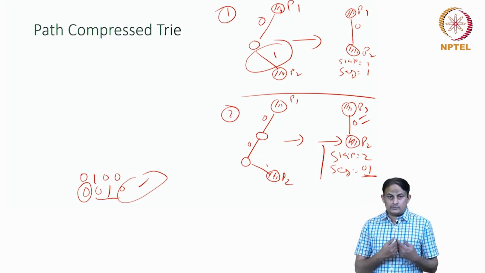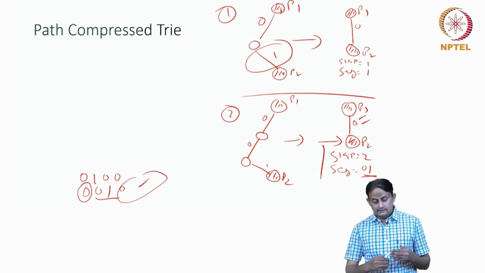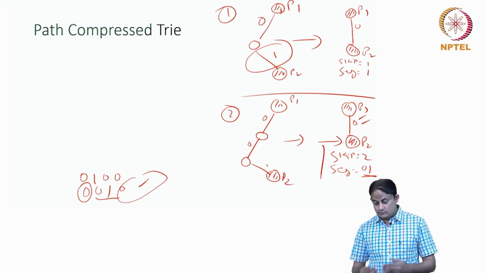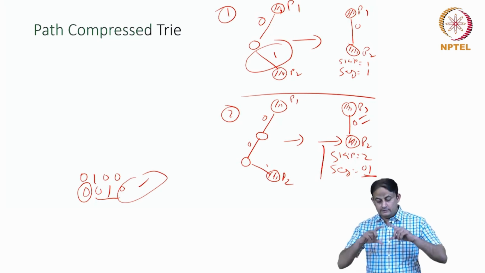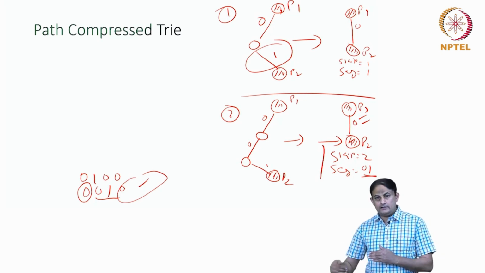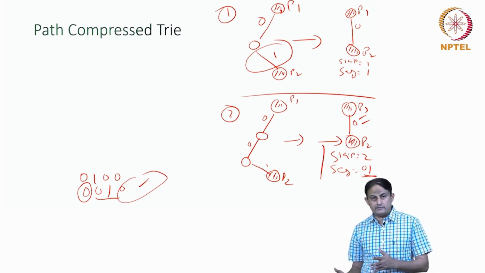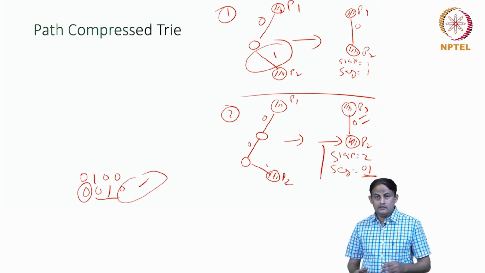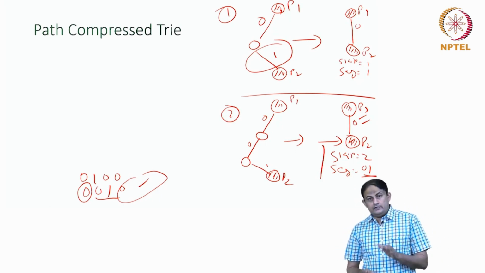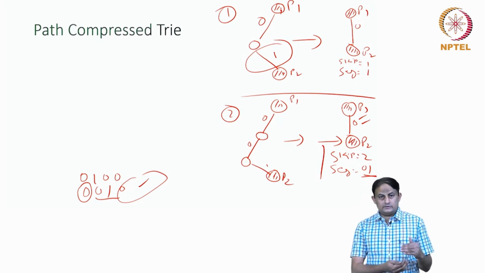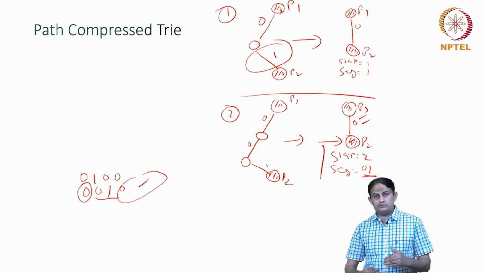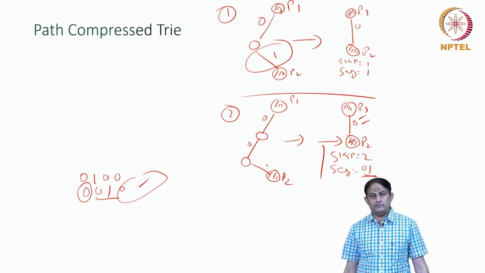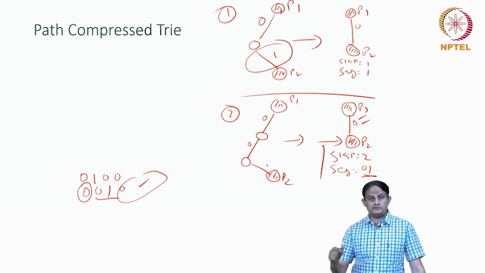In effect, what I am trying to do is, at the expense of storing some more content in the node, I am trying to minimize the number of memory references, the pointer references that I have in the table. This is possible if you have a processor inside the router which is capable of doing multiple bit comparisons in one go.